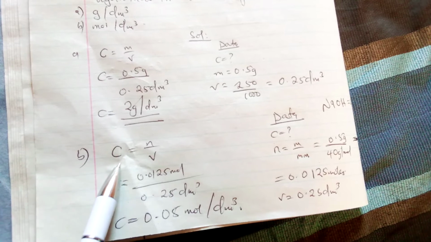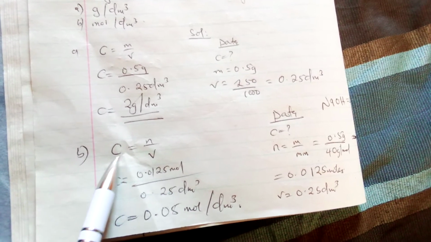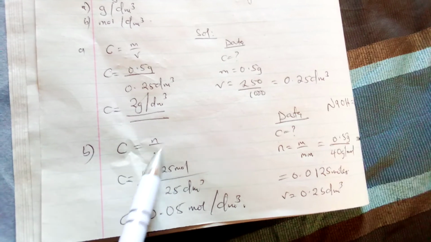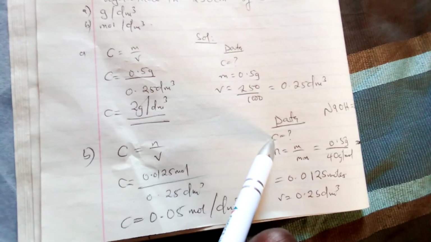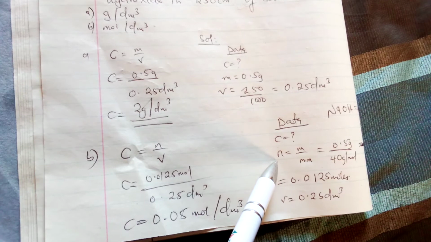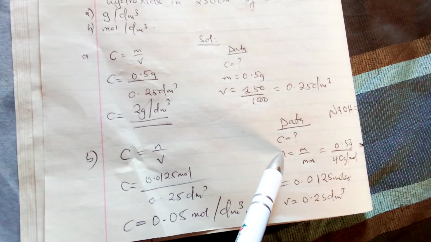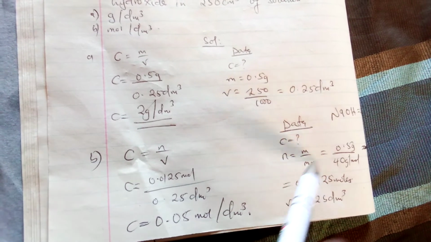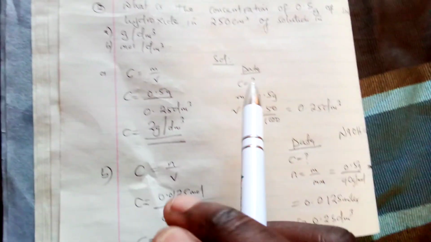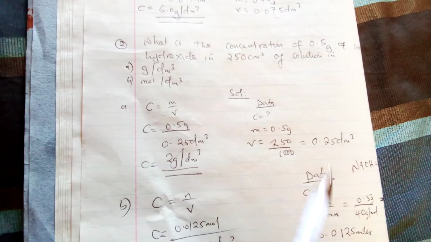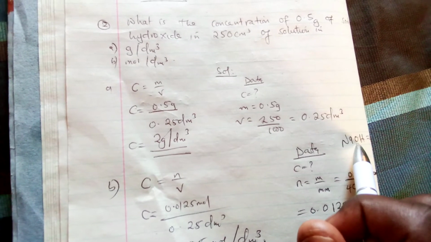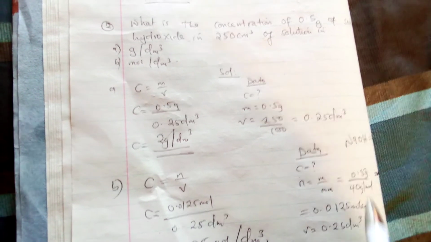The same is done for concentration in number of moles over volume. Here we don't have the concentration, and the number of moles we also don't have. So we have to calculate m over molar mass. 0.5 is the mass we are given in the question, but for the molar mass we go for sodium hydroxide, NaOH. 23 plus 16 for oxygen plus 1 gives us 40.